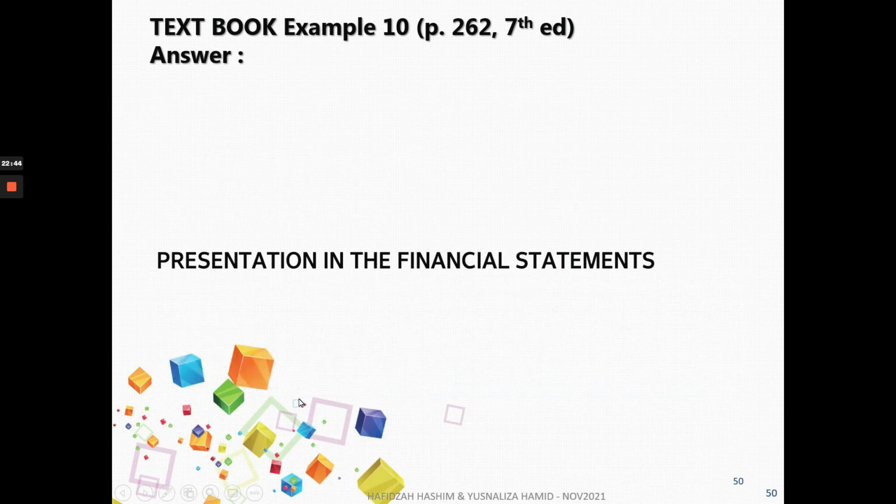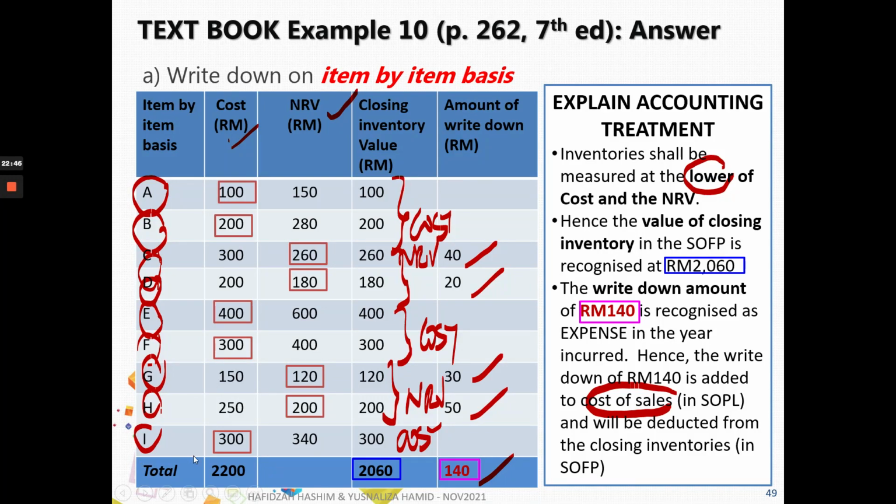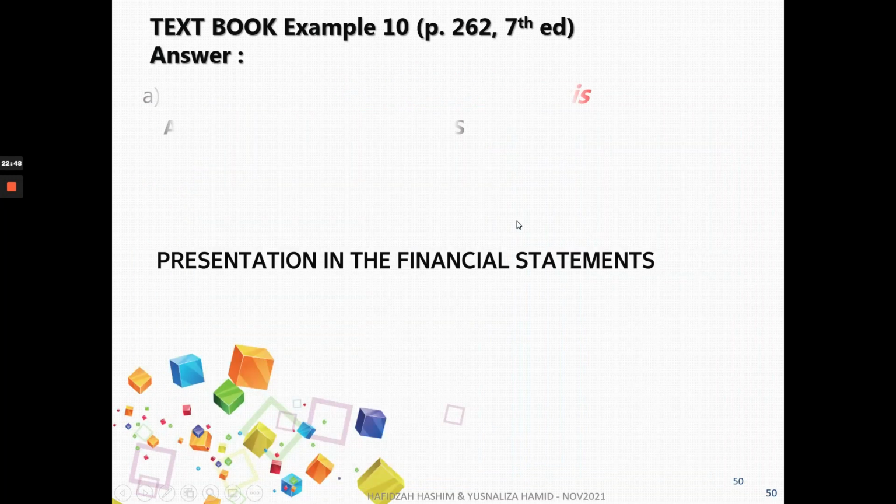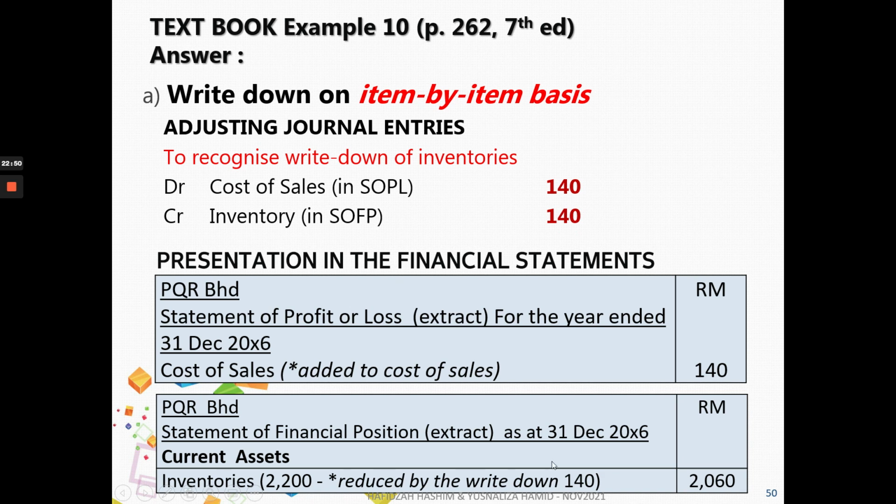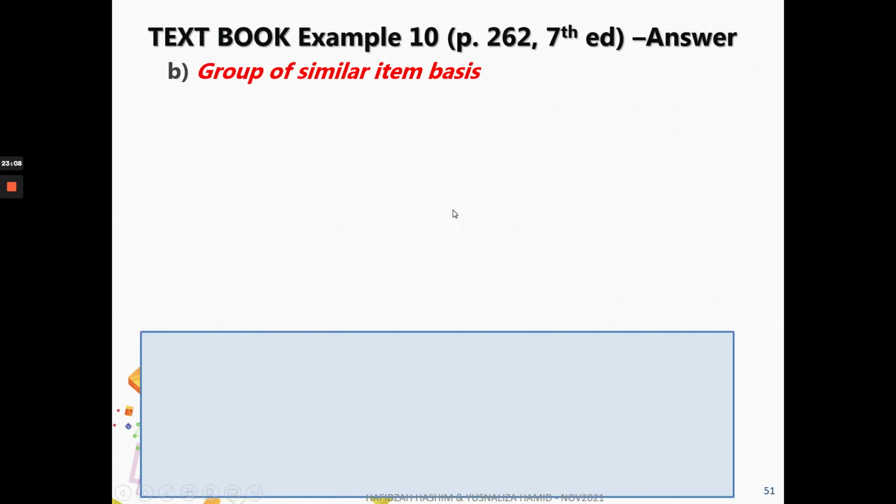Cost here refers to this 2.2 here. And now it is written down to 2.06, which is the closing inventory value. So it was written down by 140. That reduced the inventory to 2.06.